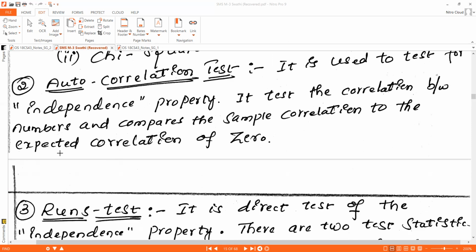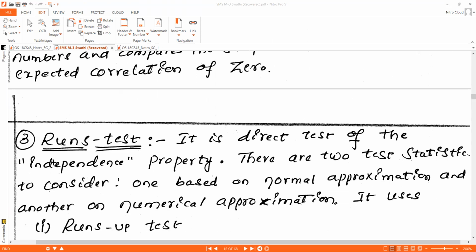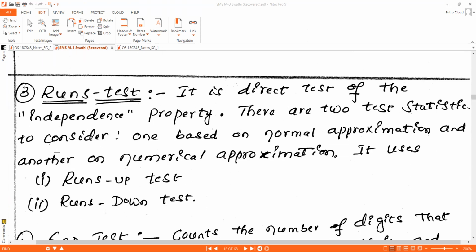Next we have the runs test. For the runs test we again have two tests: the runs up test and the runs down test. This runs test is a direct test for the independence property, used to test the independence of random numbers.